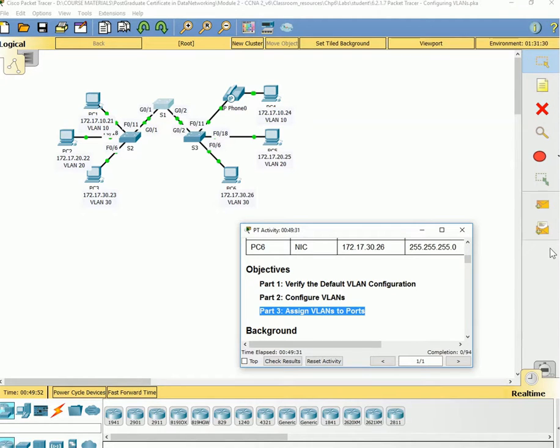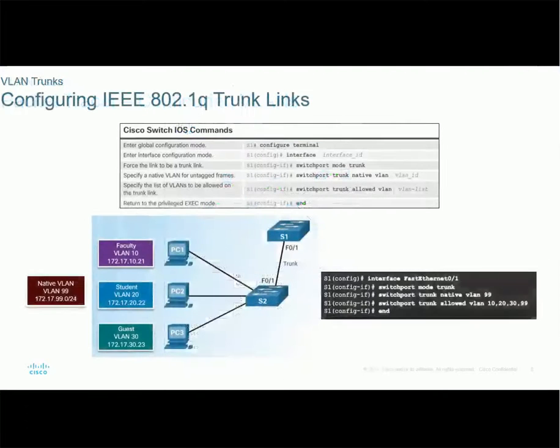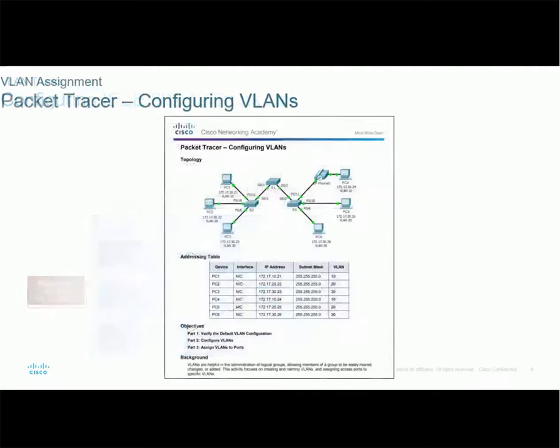Okay, in the next video I'll look at trunking. I'll talk about the IEEE 802.1Q trunk links and how we can configure those trunk links. Briefly, trunk links are important because VLAN to VLAN communication will not happen unless we specify ports to be trunk ports.